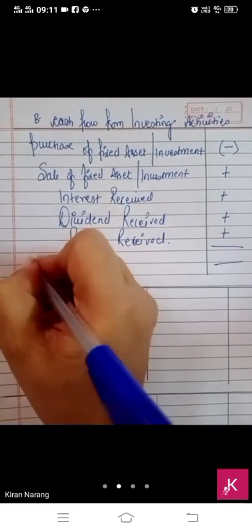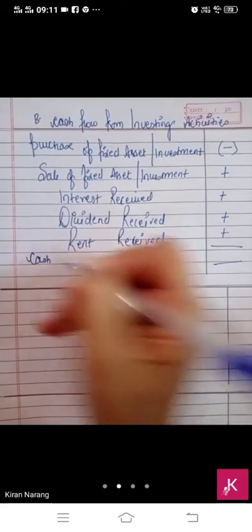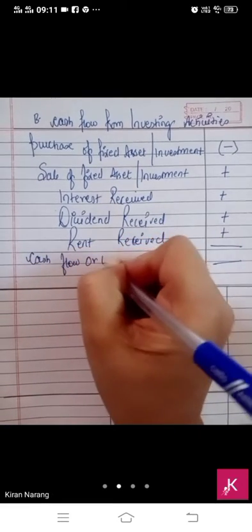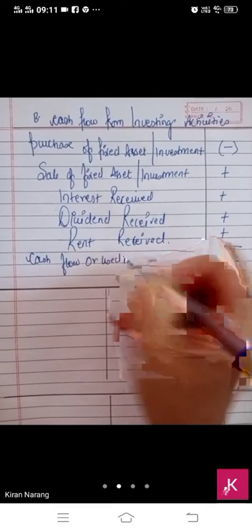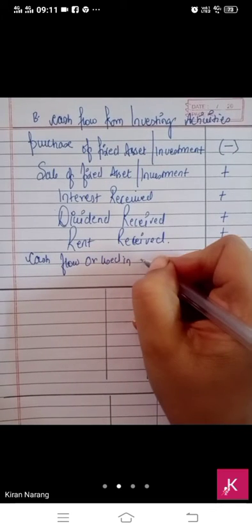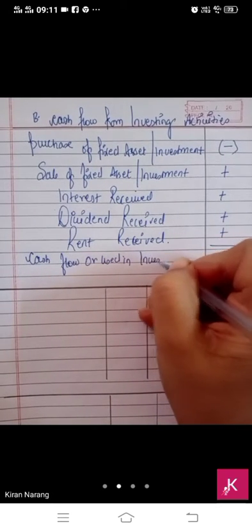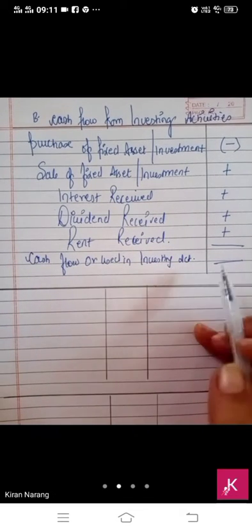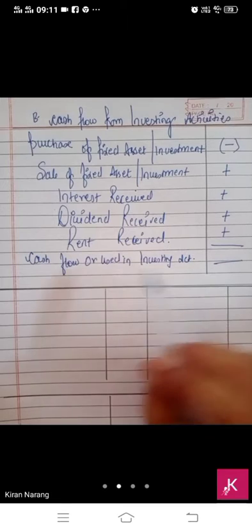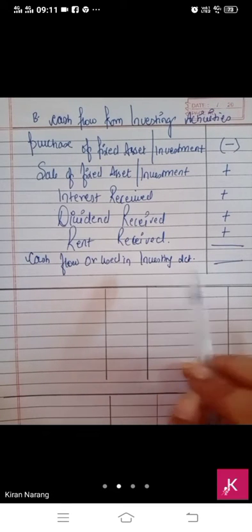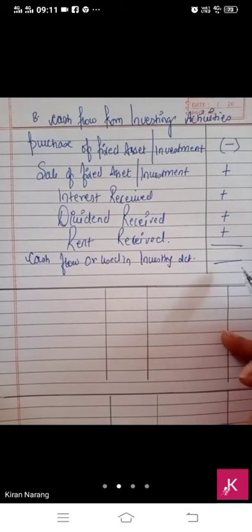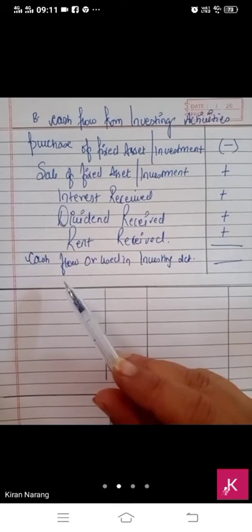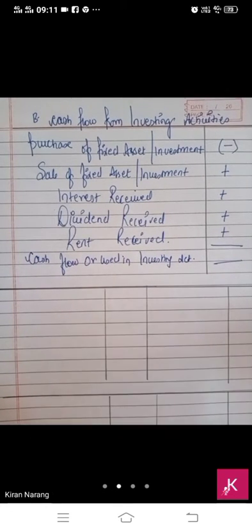The answer will be either cash flow from or cash used in investing activities. If the answer is positive, means 10,000 positive, then it is cash flow from investing activity. If it is negative, purchase is more than everything, then you will write cash used in investing activities.